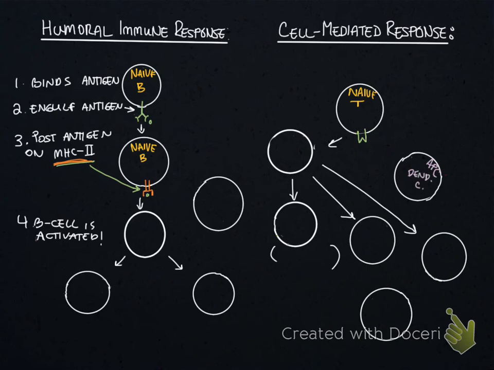And it's presenting its antigen on an MHC2 platform, right? Okay. So our T cell receptor is specific for that antigen, so it recognizes it. And when it does that, it is now an activated T cell.